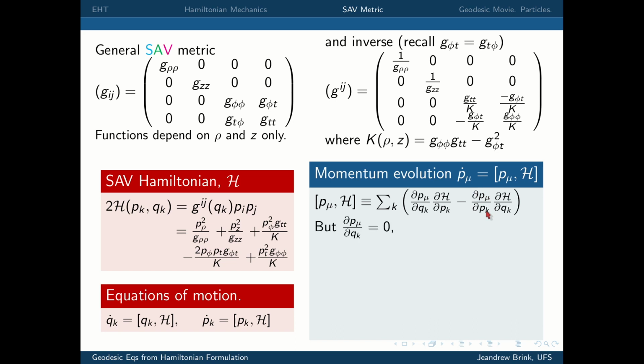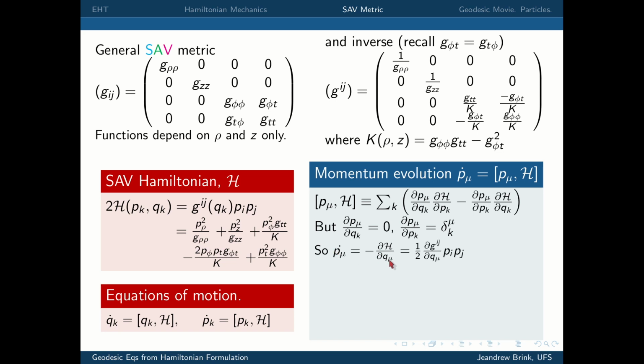We make use of these two identities to simplify this Poisson bracket even further, and what we're left with is p mu dot equals minus dH, the Hamiltonian for the spacetimes, partial q mu, the generalized coordinate of which you want the generalized momentum's evolution.